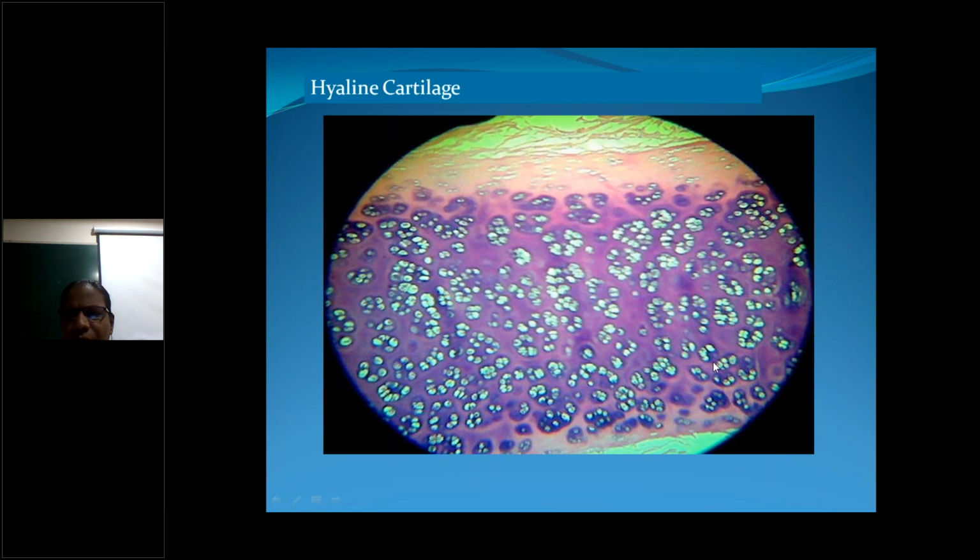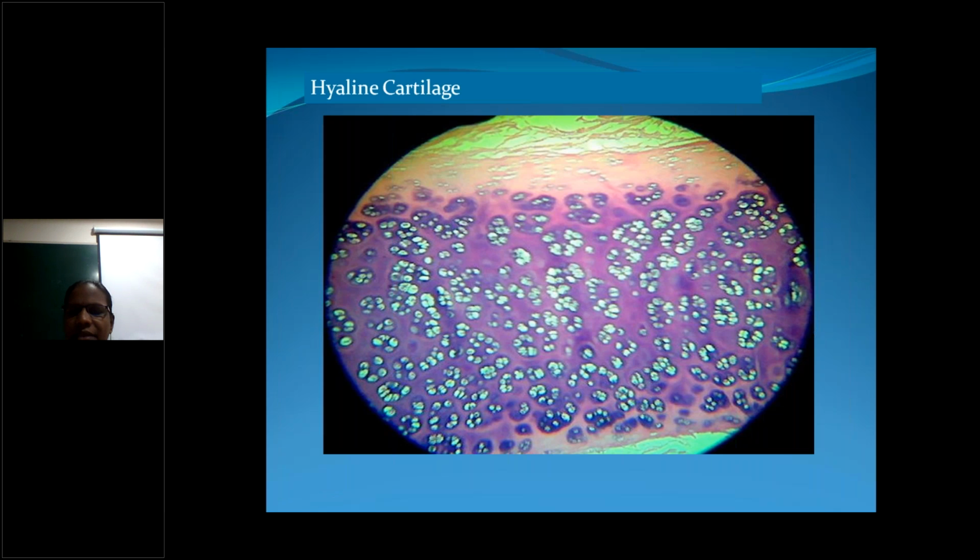This is the cell nest part. Surrounding the cell nest, the deeply stained basophilic matrix is present, which we call the territorial matrix. In between the chondrocytes, the lightly stained basophilic matrix we call the interterritorial matrix.